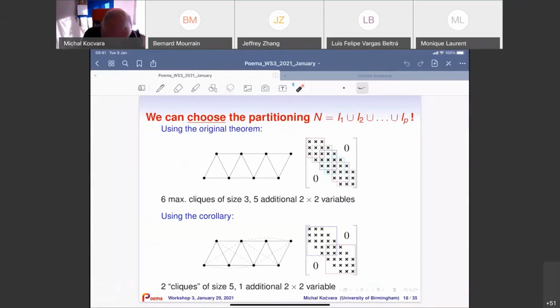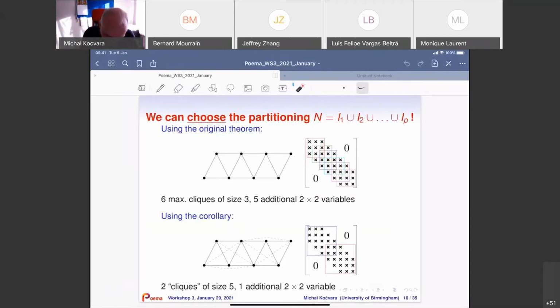So, for instance, looking at this pentadiagonal matrix, using the original theorem, we would find the maximal cliques, which are these triangles, and the overlaps would correspond to these 2 by 2 matrices. So we would have to introduce how many? 5 additional 2 by 2 matrices corresponding to the overlaps of the maximal cliques, of the maximal dense submatrices.